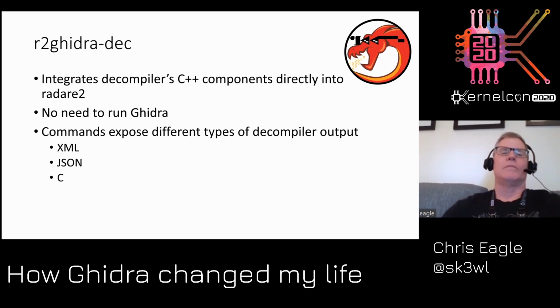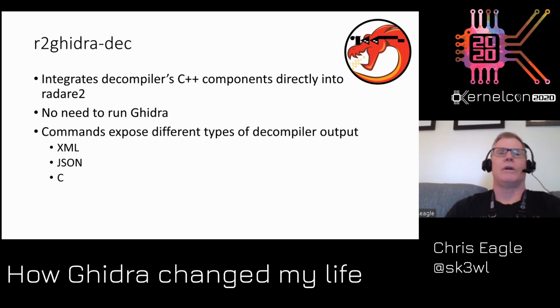Then what you can do is interface with the decompiler component to pull back and display an XML representation of the decompilation, or a JSON representation, or a C representation. These aren't features specifically added by the Radare folks.